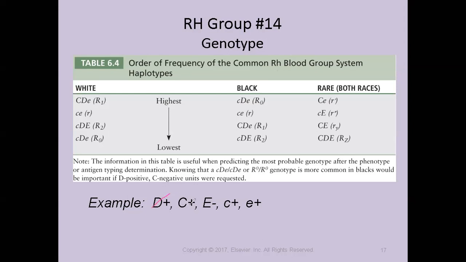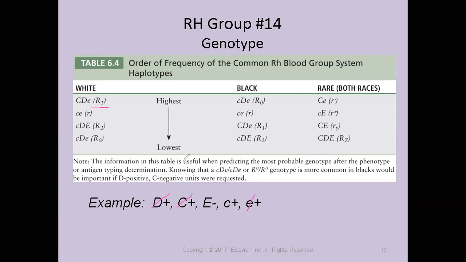Now we need to have big C there. There it is, so this one fulfills big C. There's no big E, so we don't have to worry about that one. And then they have little e. There it is, little e. So we're able to get the D, the big C, and the little e from this genotype.